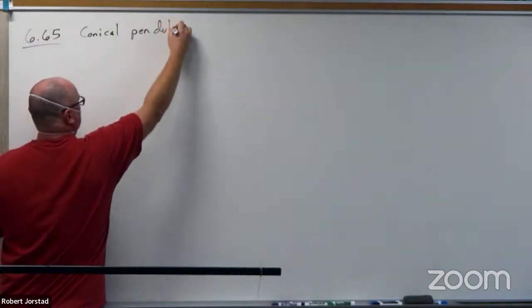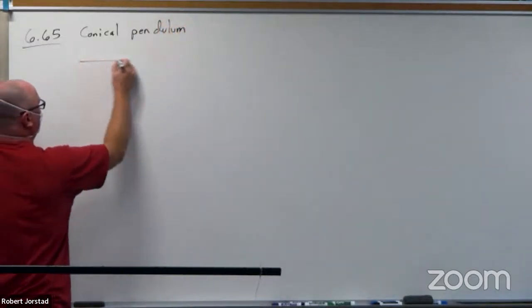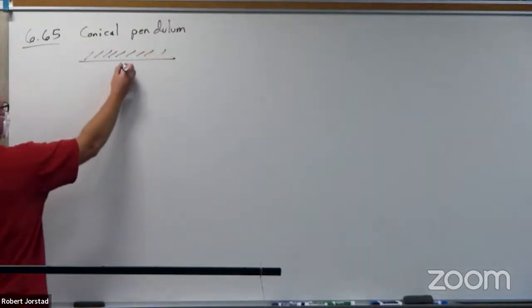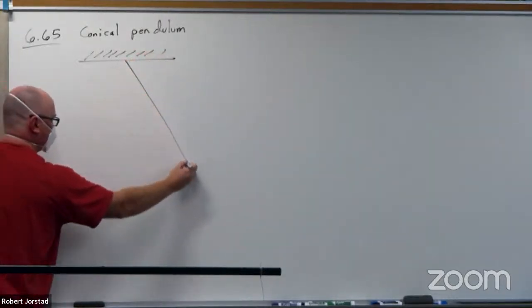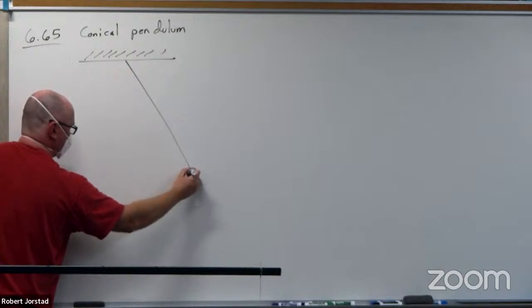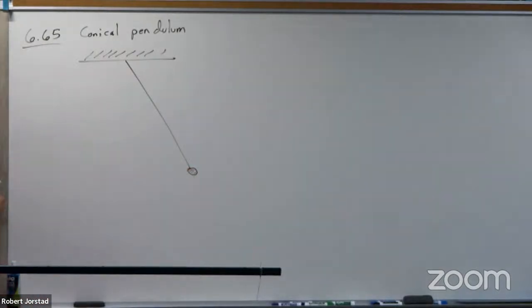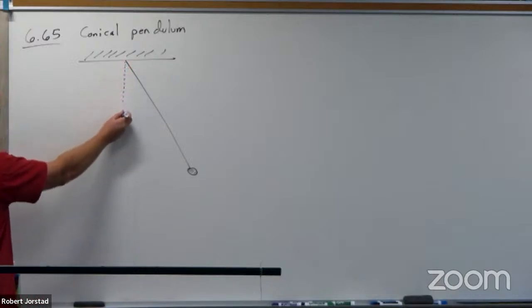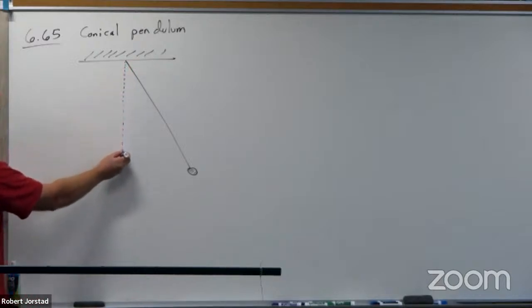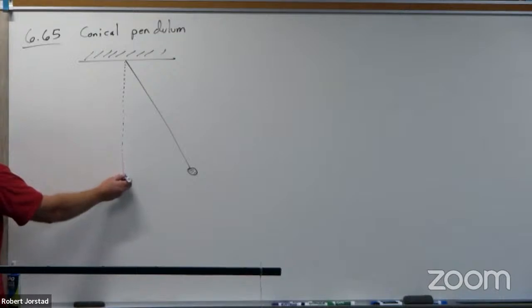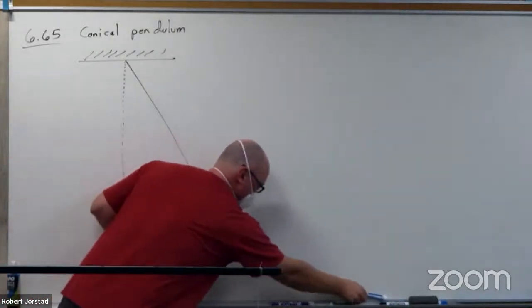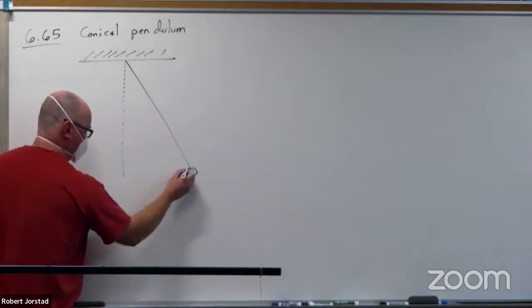Kind of a hard one to draw, so I wanted to give you a feeling for it. I have some kind of string attached to the ceiling here. There's an axis of rotation directly under that string. And now the motion is actually circular, if I can get it just right.